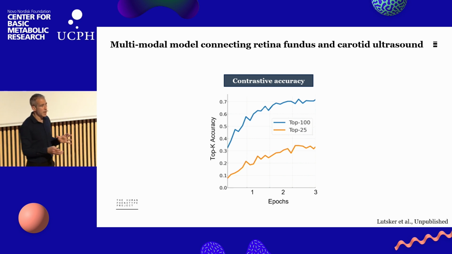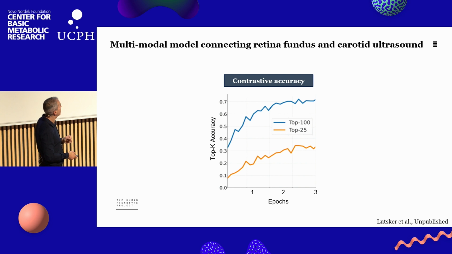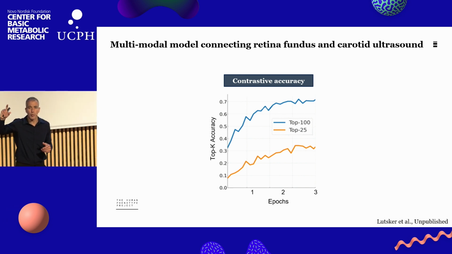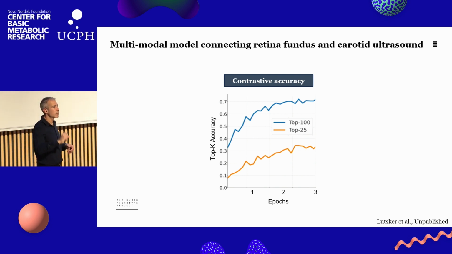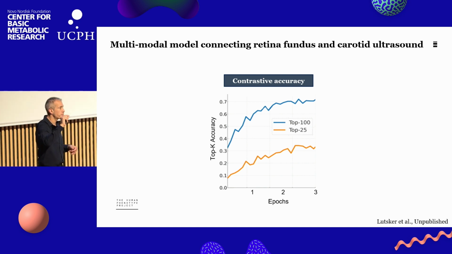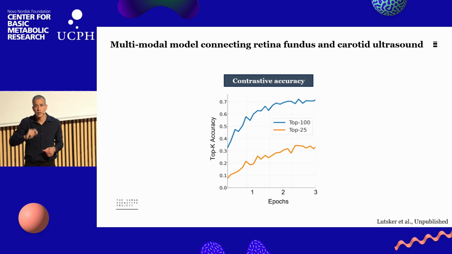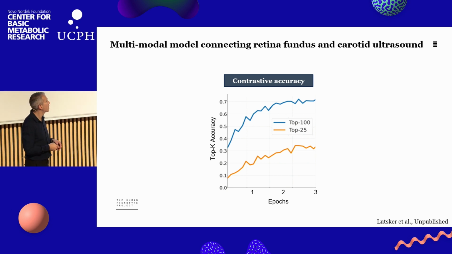The accuracy is not perfect, but if you look at the blue curve at the top, then in 70% of the cases, it will put the corresponding carotid ultrasound image of the person within the top 100 images out of the 10,000.